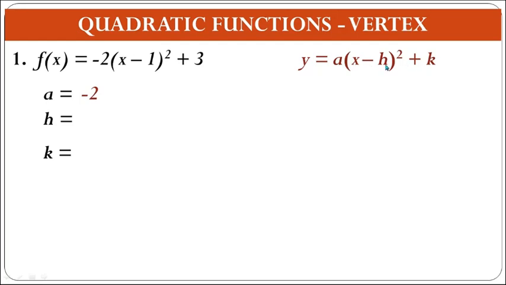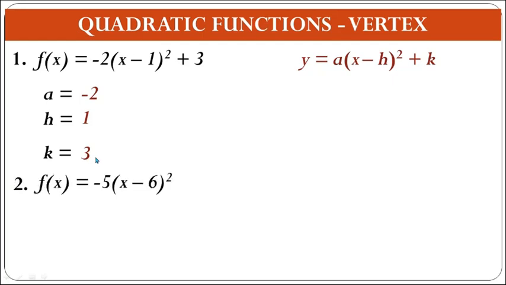Yung dito sa given is minus 1. So, kapag minus yung nandyan, meaning the value of h is positive. So, positive 1 plus k. So, plus 3. Kapag plus, ibig sabihin, yung value ni k ay also positive. So, positive 3.